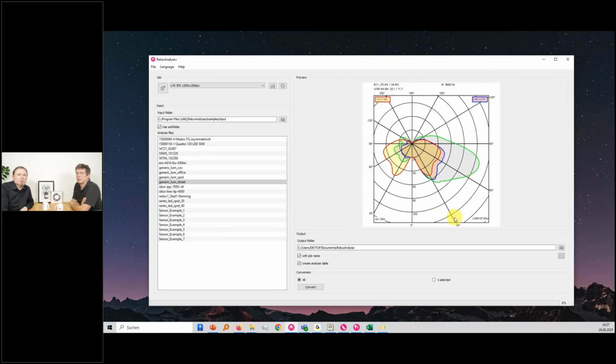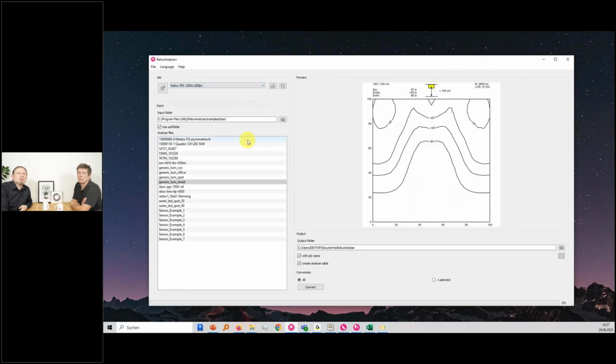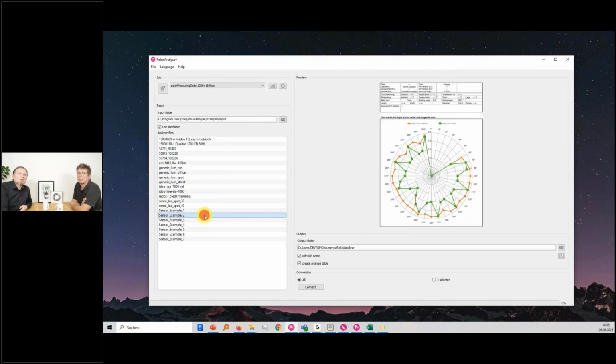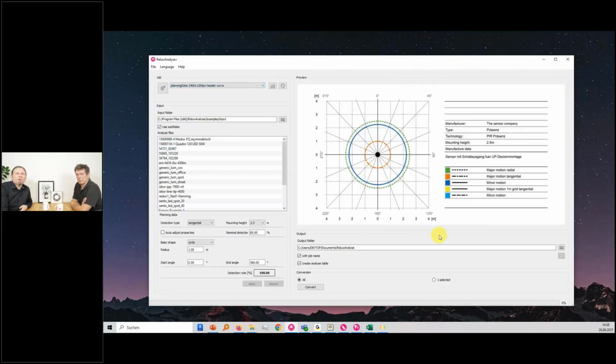There's tons of different options. It's great for manufacturers, for data sheets, web pages, PIM systems, catalogs. And here you have also isolux diagrams of the LDCs. You can set a lot, and also sensors. Also sensors are possible to visualize if you have sensor data. It's more for manufacturers.